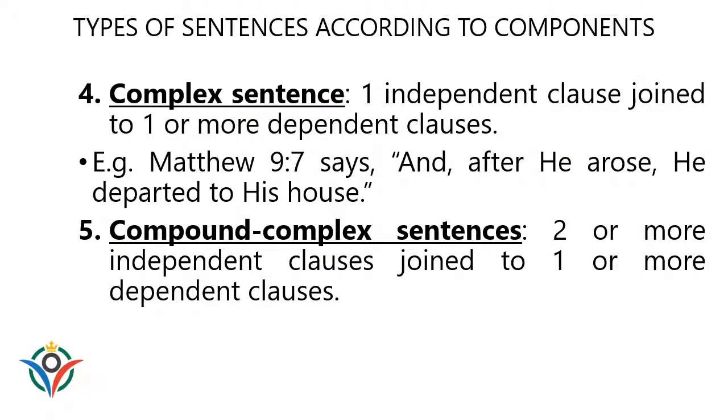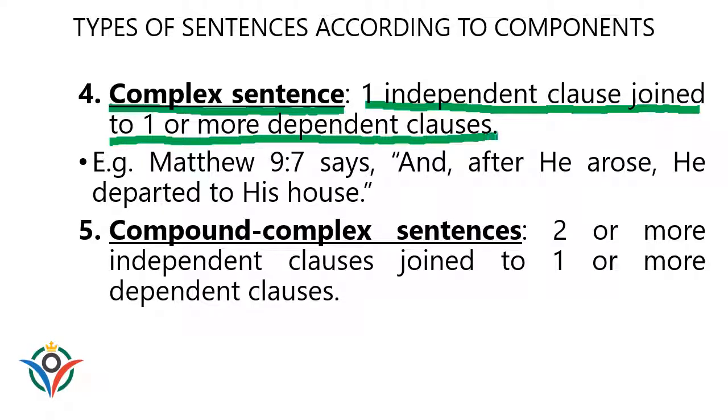The fourth type of sentence is the complex sentence, and that is when one independent clause is joined to one or more dependent clauses, similar to the example of Thessalonians that I showed to you earlier.